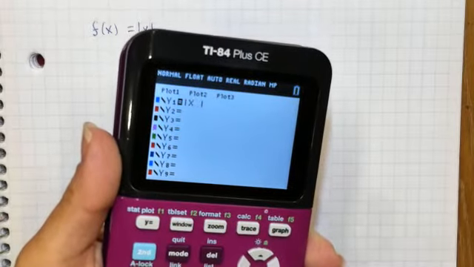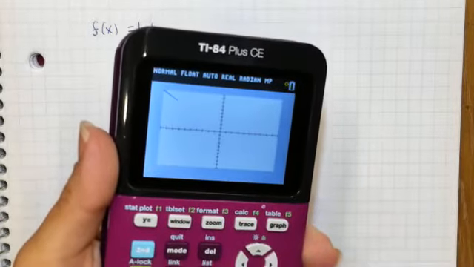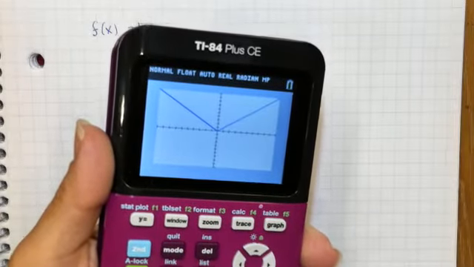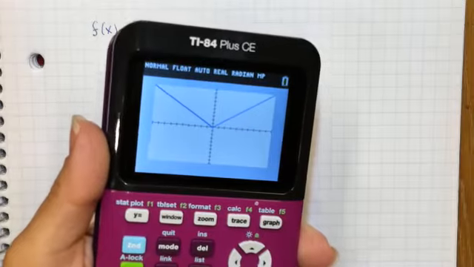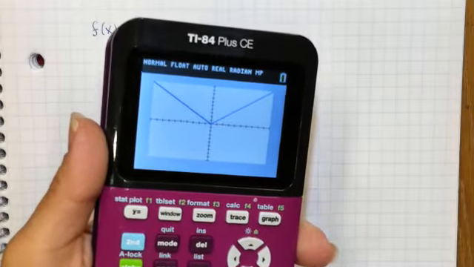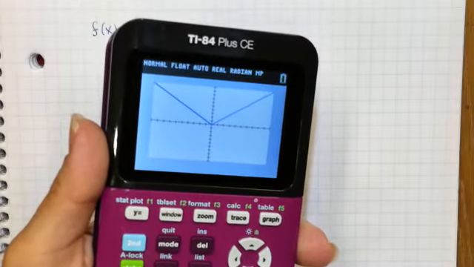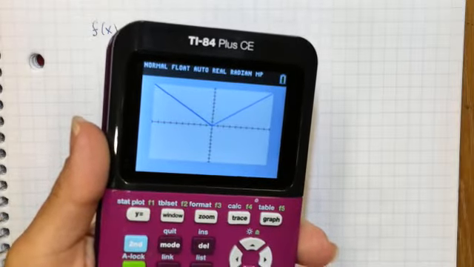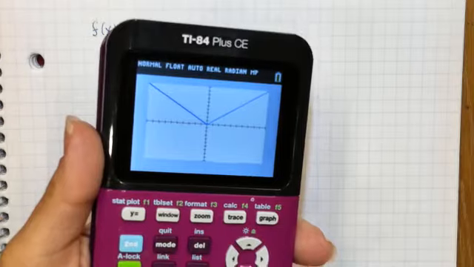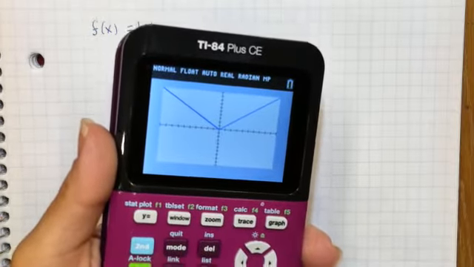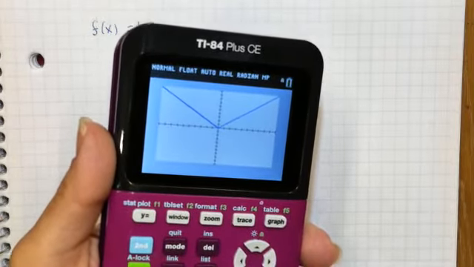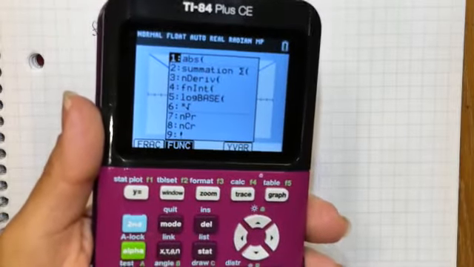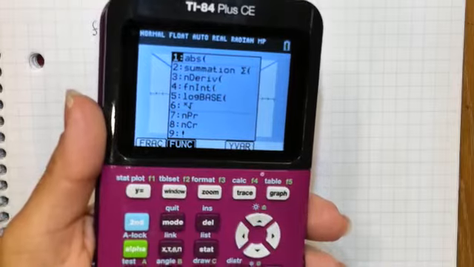Not sure where you graphed last, but do a zoom 6. And there's your absolute value. Your calculator will graph the slope of the tangent, f prime of x. So f prime of x has all these different notations. Alpha, window, number 3 is the derivative.